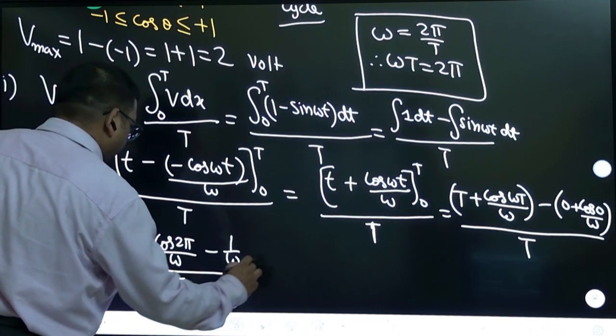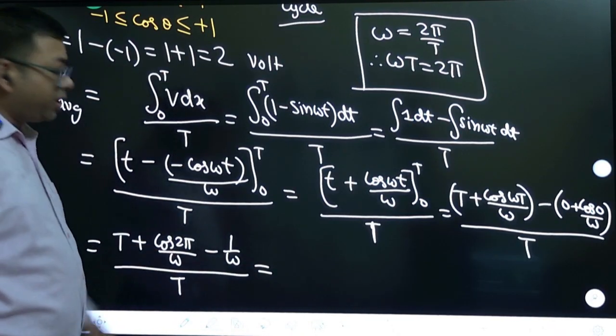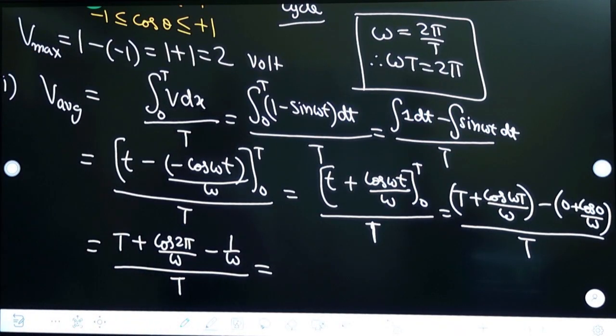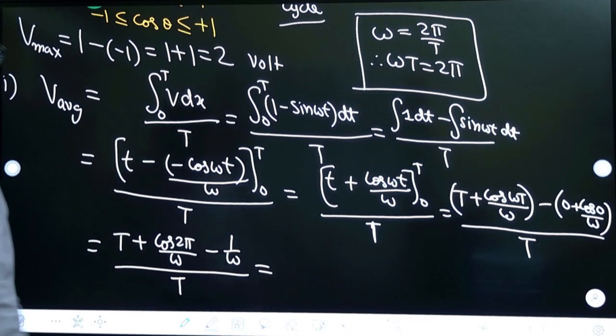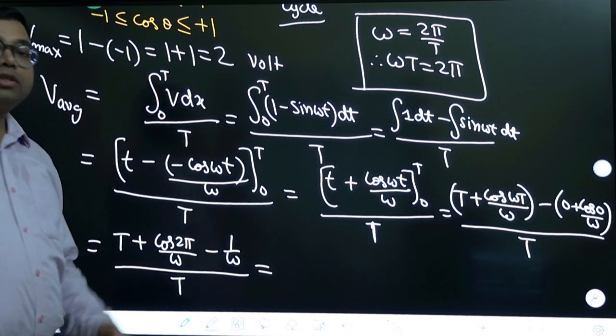Now what is cos 2 pi? What is cos 2 pi? Cos 2 pi is how much? What is cos pi then?